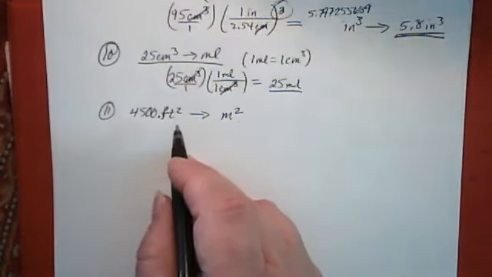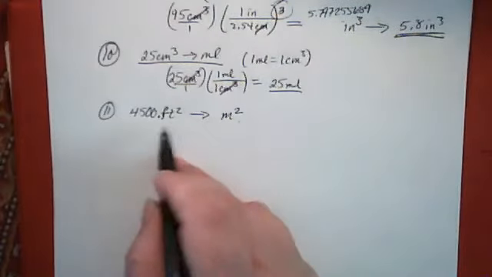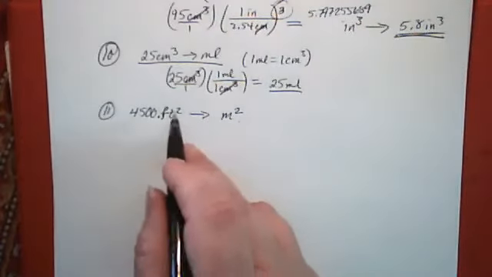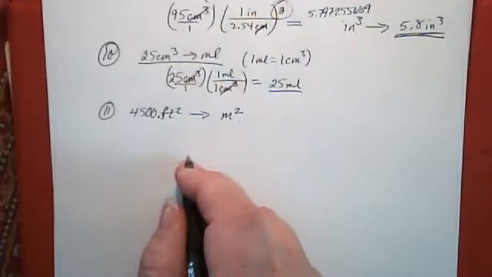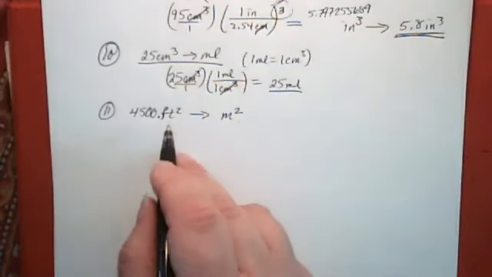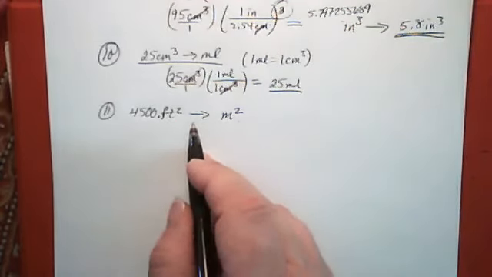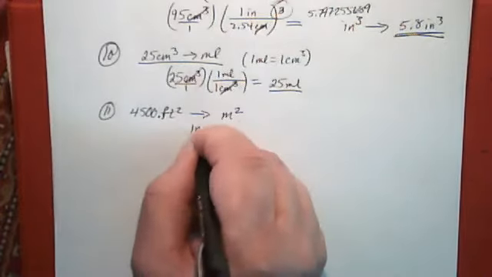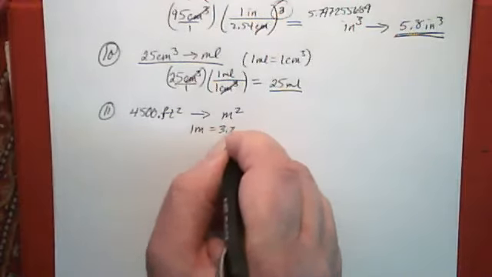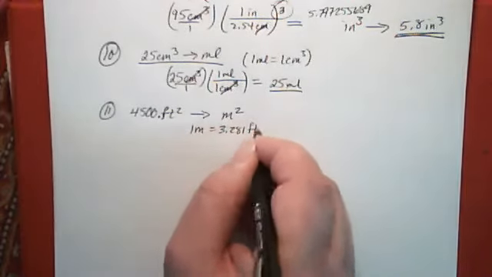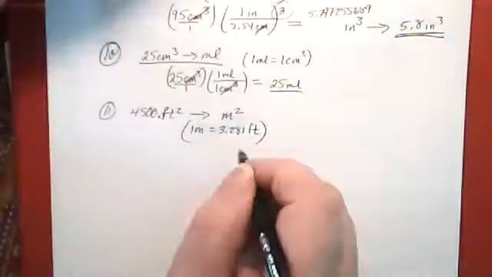So what we're going to have to do in this case is use the one-dimensional conversion factor and square it. We've really got no choice in this case. Hopefully we can at least find a relationship between feet and meters. Under length, feet, there we go. 1 meter is 3.281 feet. So we can at least use that.